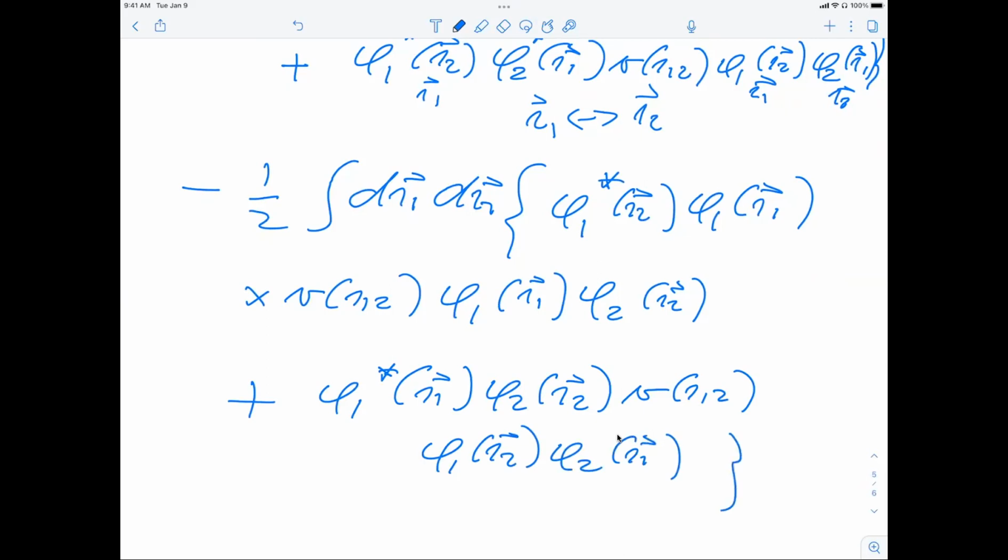And here as well, we can do the same thing, but interchanging R1 and R2 in the second term, and then you will see that these terms are also equal.